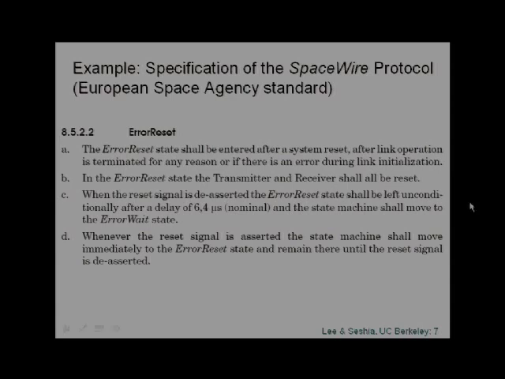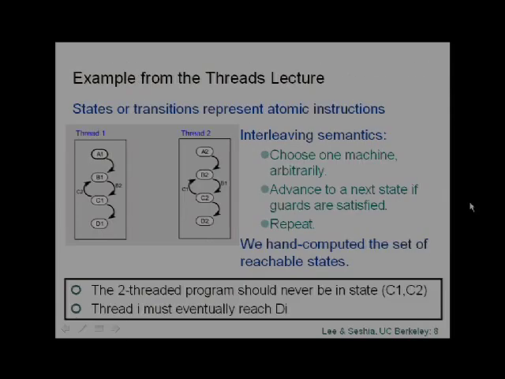Okay, here's another example from the lecture on threads that you had a couple of weeks ago. This is a toy example where you have two threads, 1 and 2, and there is a critical section in both threads. So C1 in thread 1 and C2 in thread 2. And the goal is you don't want both threads to be simultaneously in the critical section, right?